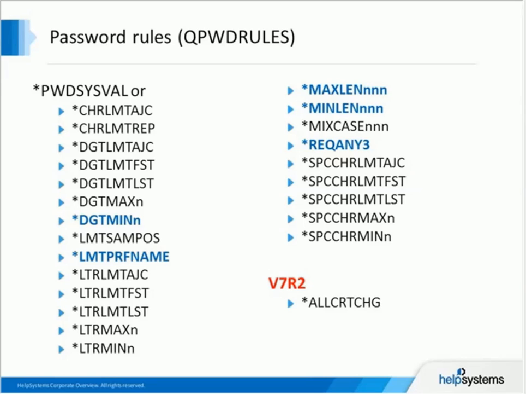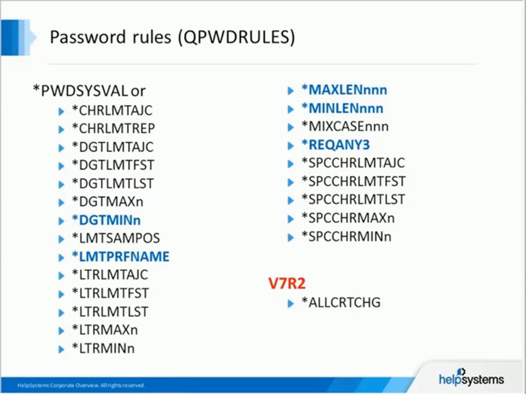Then you can do things like require any 3, which becomes more meaningful once you get into the higher password levels, which we'll talk about in the next slide. But again, I don't want you to think that IBM i can't match those rules, because once you start using the password rules system value, you can usually do a pretty good job of matching your network rules.